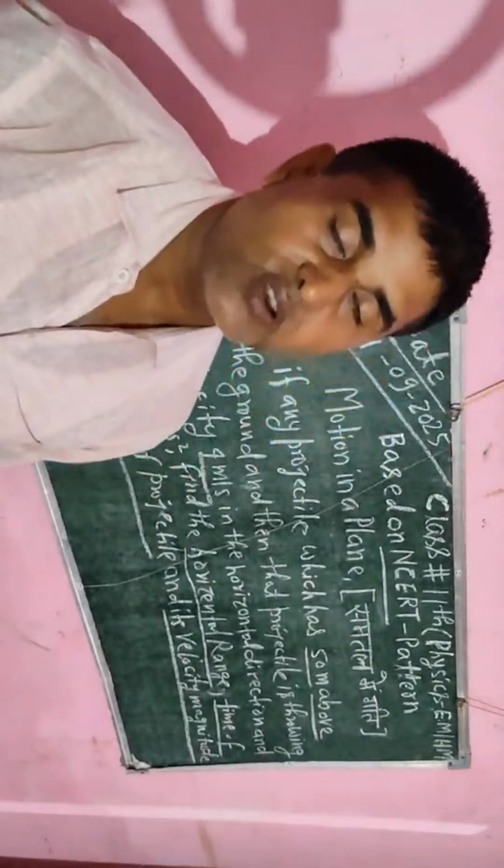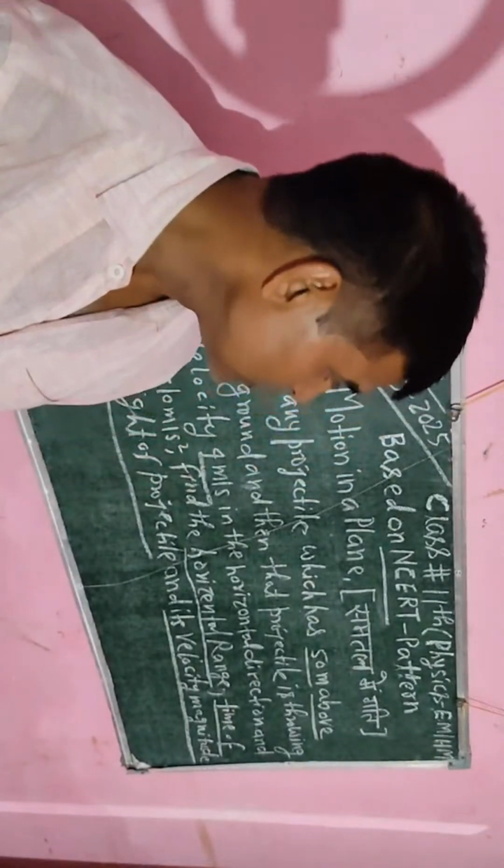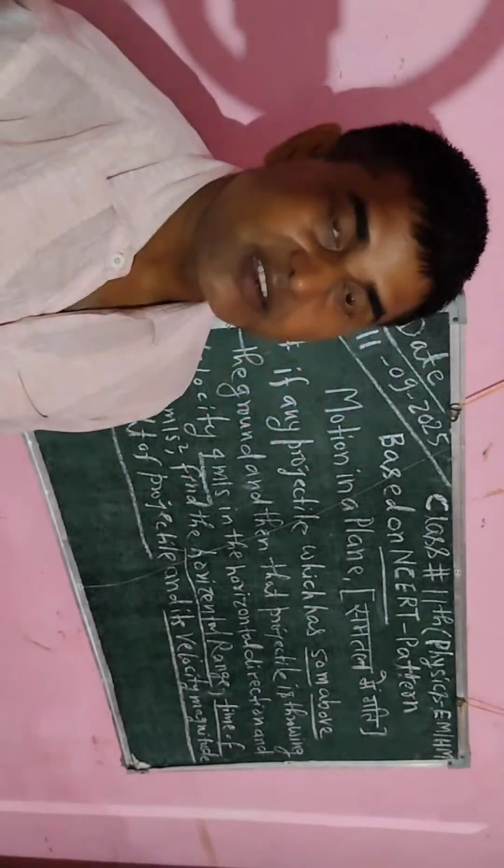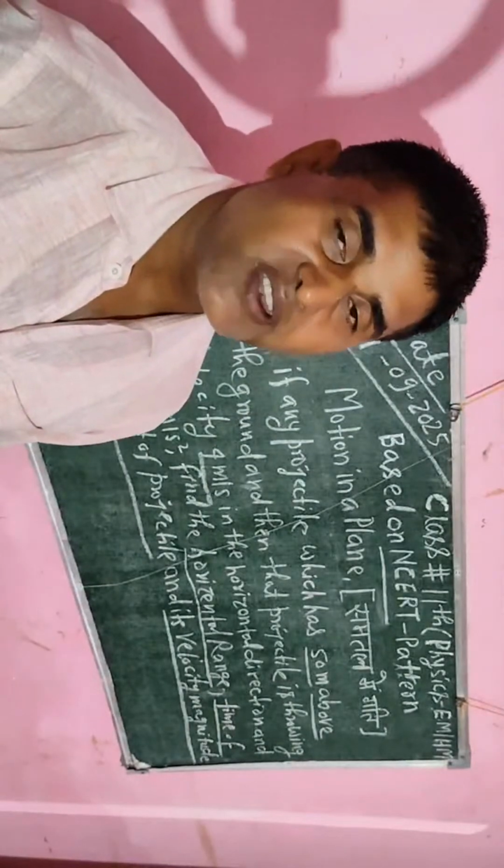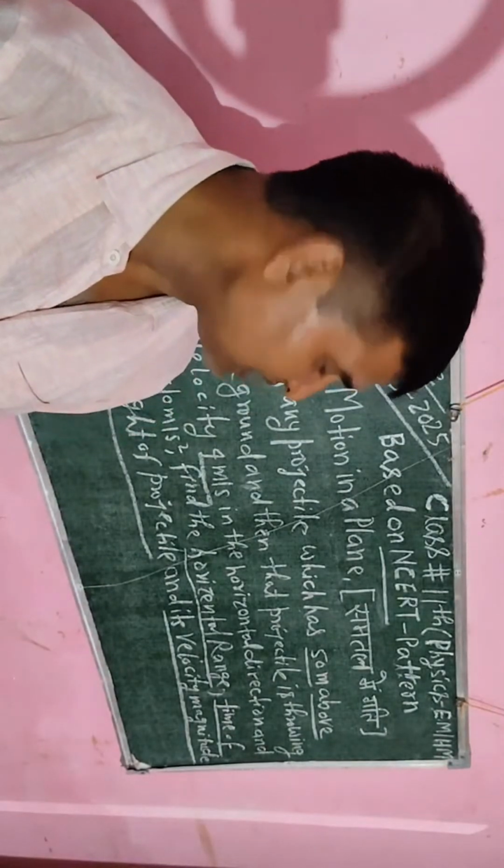We have to calculate all this information. Okay, so again I will explain it in Hindi, so students who are reading in Hindi medium can understand the concept in detail.